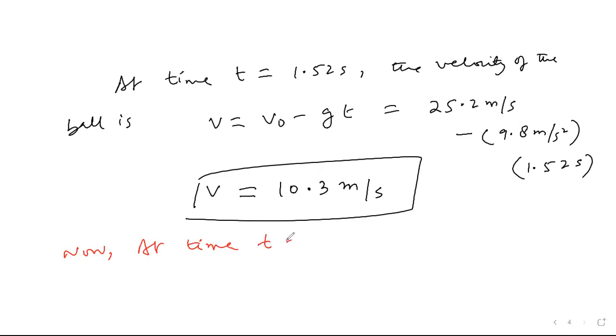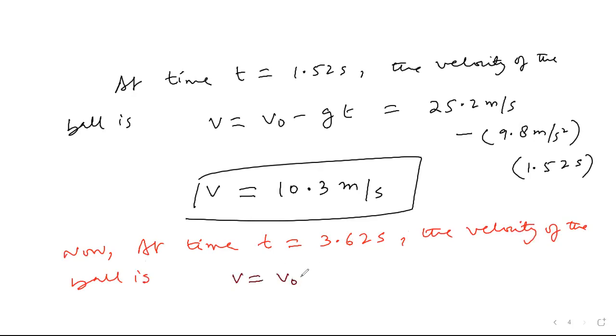At time t equal 3.62 second, the velocity of the ball is, let me use another color, v equal to v naught minus gt.